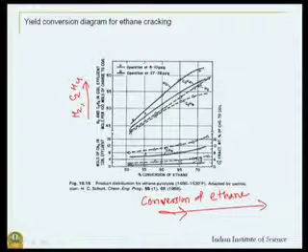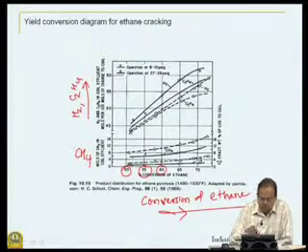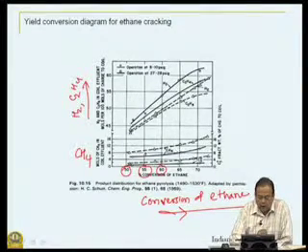And on the bottom is the methane, which I discussed is one of the side products in the reaction. What we see here is that as conversion increases, for example from 50% to 55 to 60%, the moles of hydrogen and ethylene are increasing.